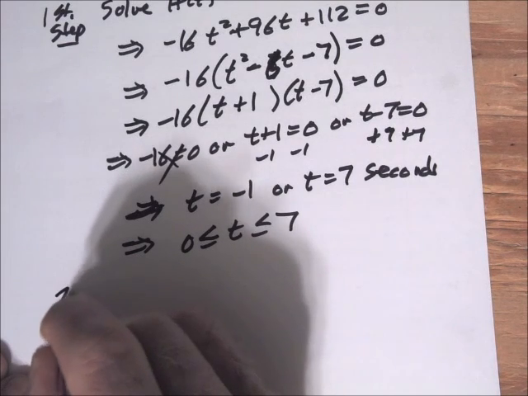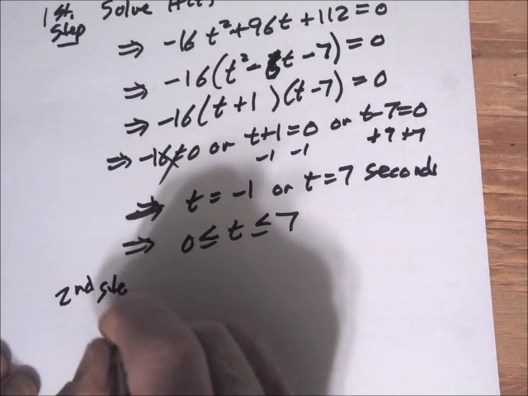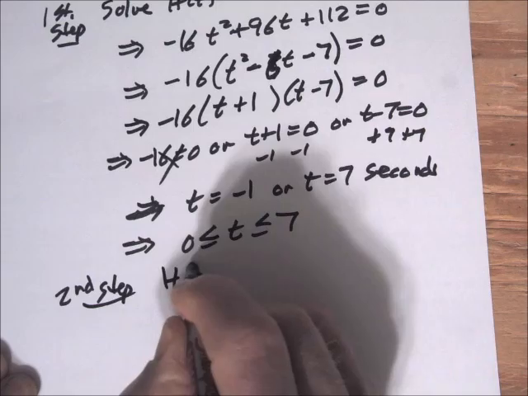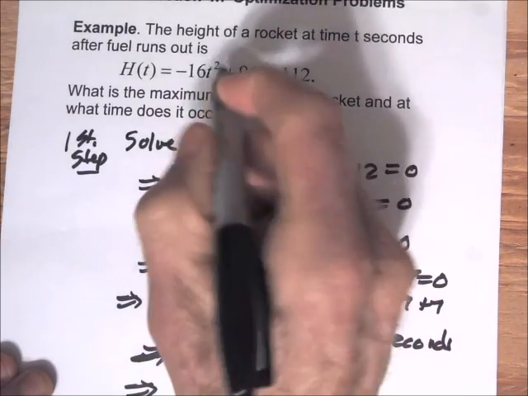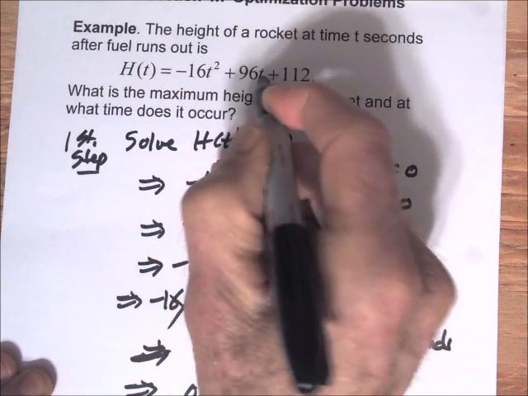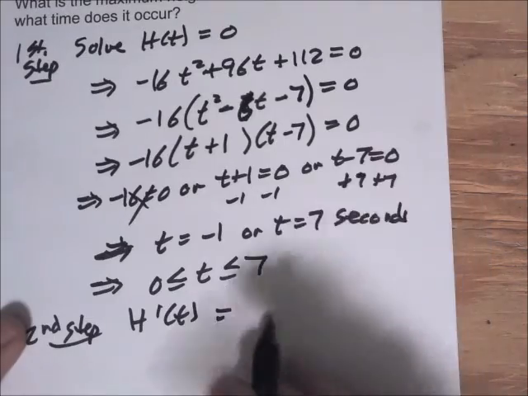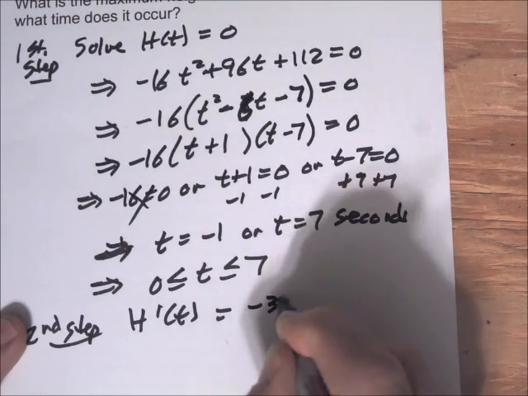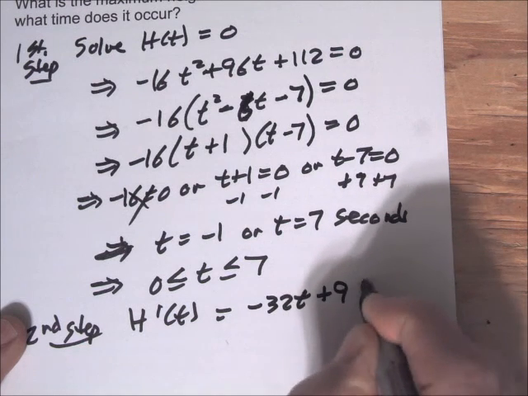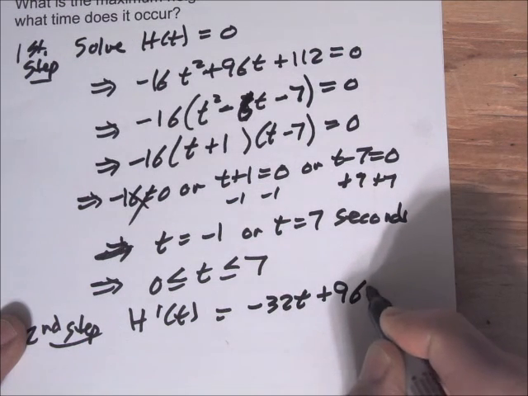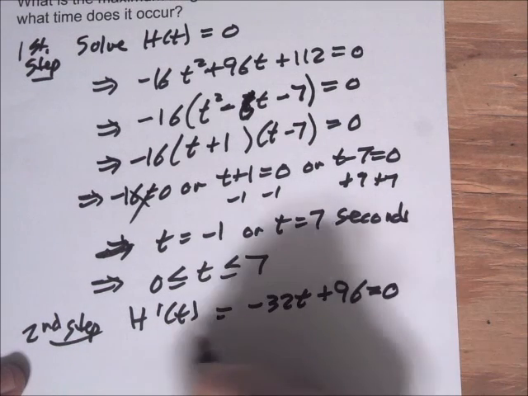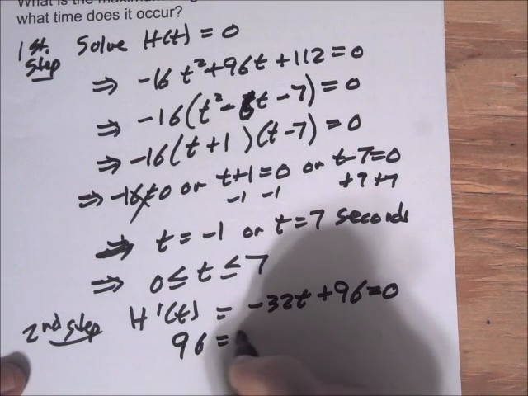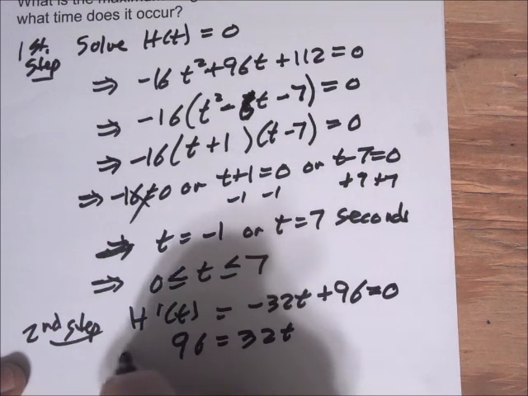Second step, h'(t). The exponent comes out in front, so we'll have -32t + 96. And then we want to know whether that's equal to 0. So 96 is equal to 32t if you add 32t to both sides.